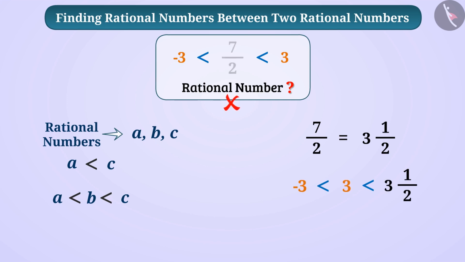So we cannot call it a rational number between -3 and 3. Similarly, by comparing the values of numbers, you can find out if a number falls in between the given numbers.